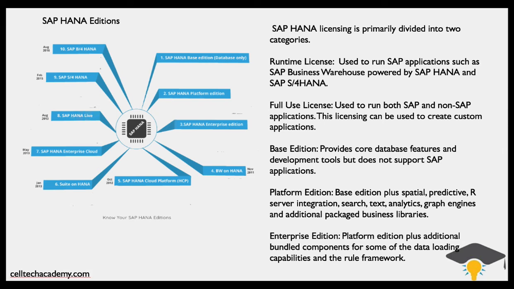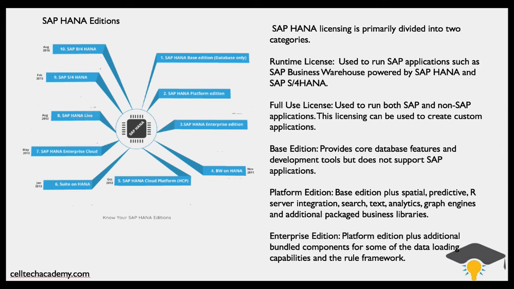The runtime license is where you could use it with your SAP ECC and SAP S/4HANA as a backend database, or for your business warehouse, SAP BW. For that, you can use it as the backend database.